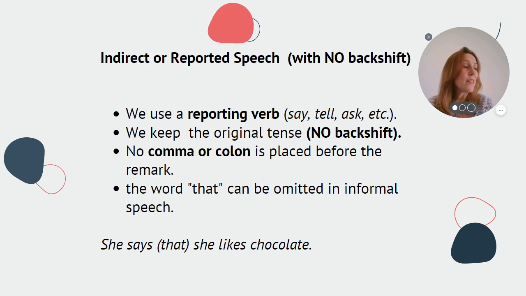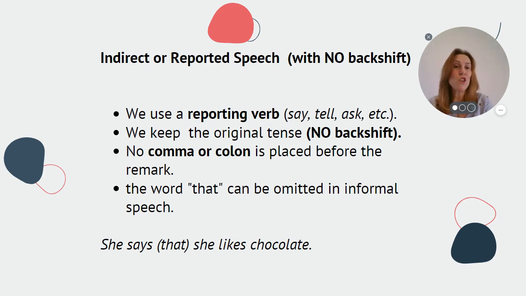Now, when does this happen? When passing a message, for example, Anna says she's busy and she'll not be able to attend the meeting. So we don't need to say Anna said that she was busy and she wouldn't be able to attend the meeting. So it depends on the context, it depends on the situation.